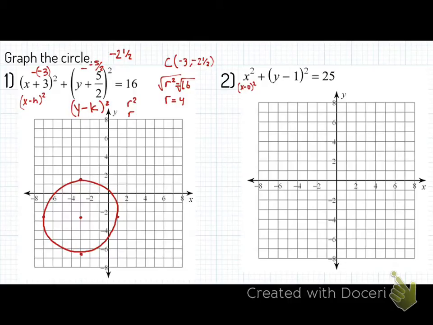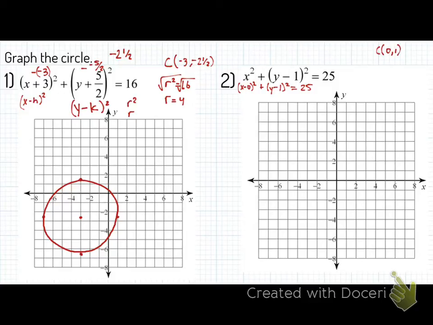So we could even rewrite this as x minus 0 squared plus y minus 1 squared, which is equal to 25. Okay, so our center is going to be 0, 1. So we're going to write that down as our center.